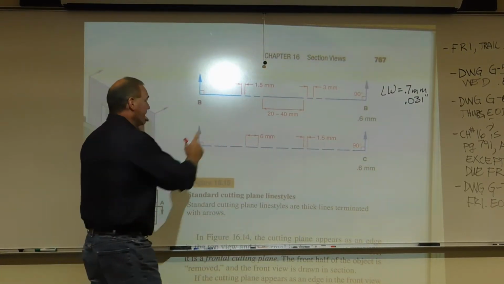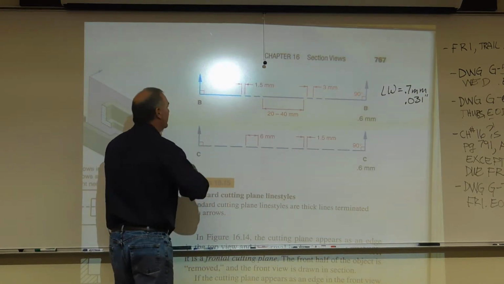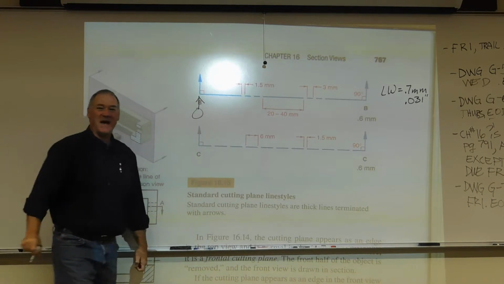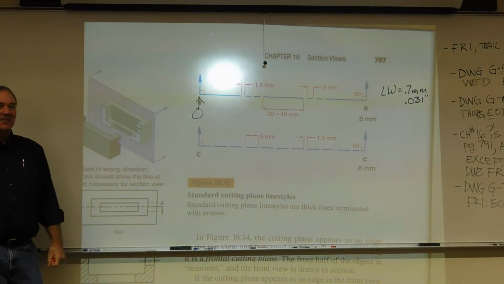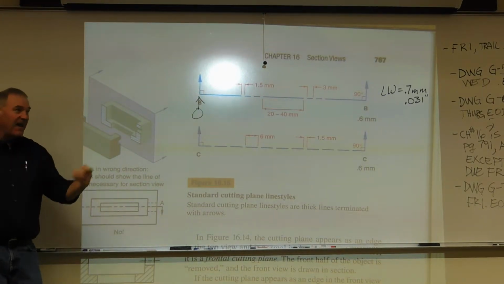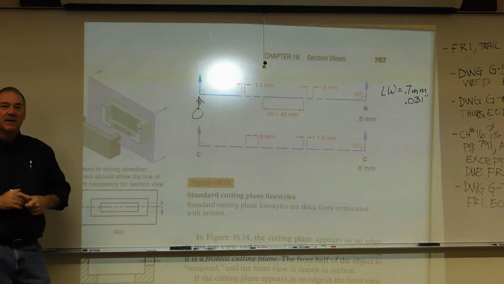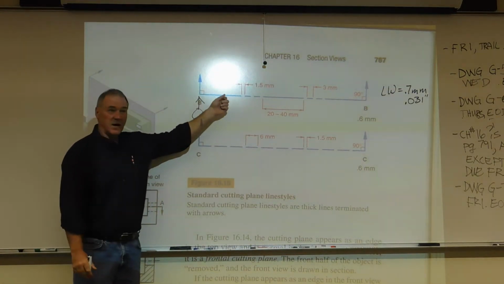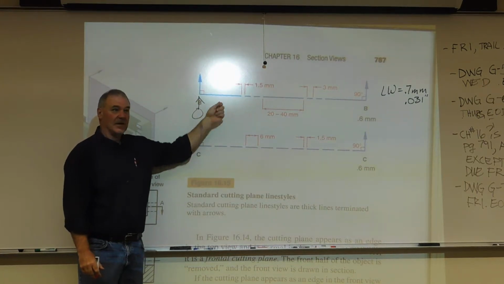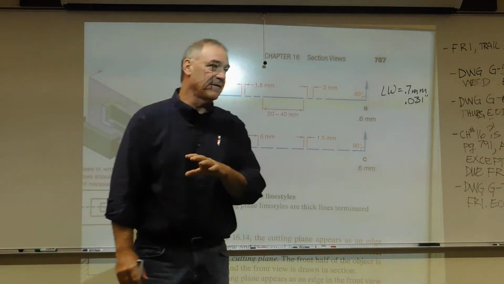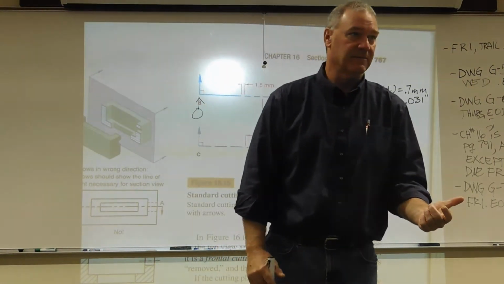So in this example right here, this is the top of my head, and I'm looking that way. So that will give me the rotation that's going to go on with this cutting plane line. Now, this does not occur on the section itself. This occurs on the view adjacent to where the section view occurs.